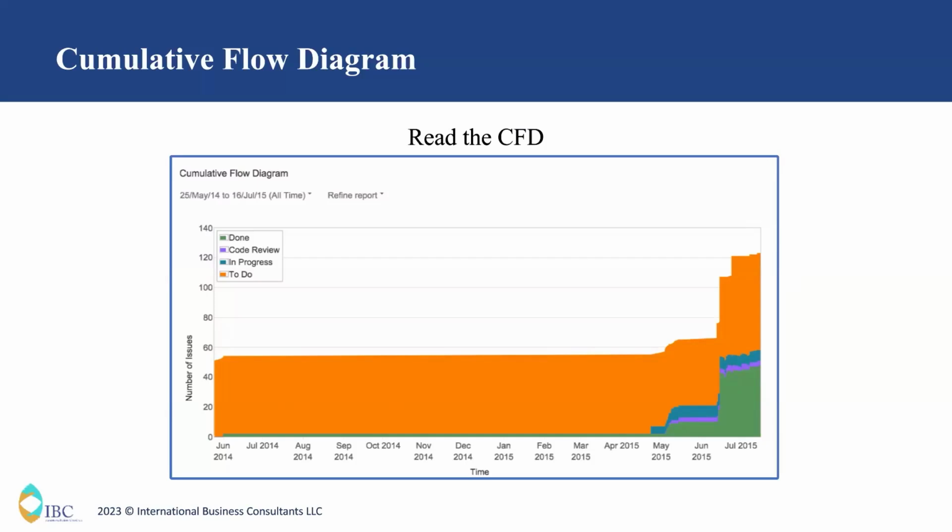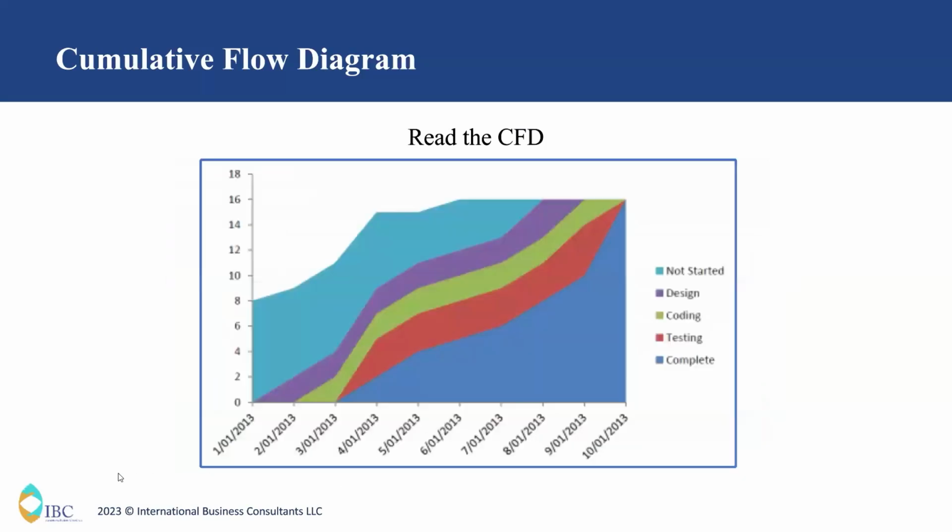Now let's see another example of a cumulative flow diagram. Here, nearly 8 stories or issues are planned to be completed in a certain time frame, and the issues are gradually increasing, and by 10th of January 2013 or so, nearly 17 story points are planned to be completed.